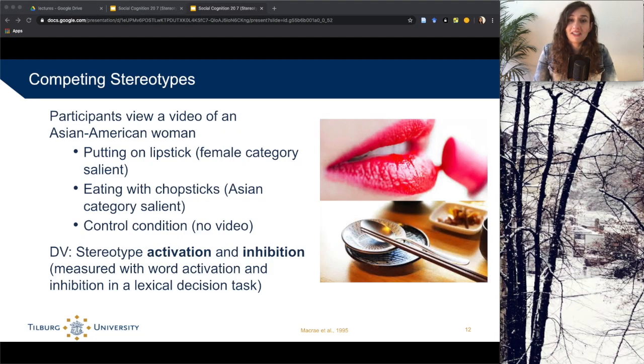For competing stereotypes, we can consult some more literature to take a look at more details of how competing stereotypes affect our judgments. In this example, participants were asked to view a video of an Asian American woman.